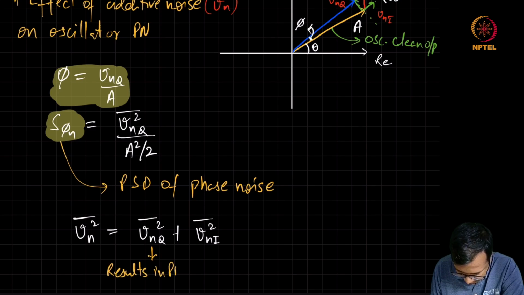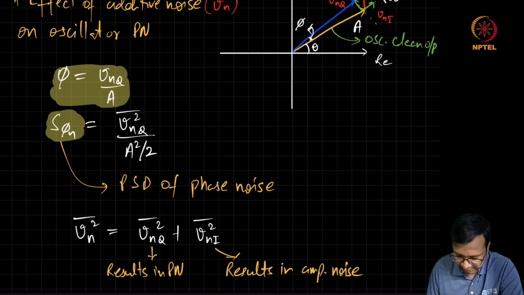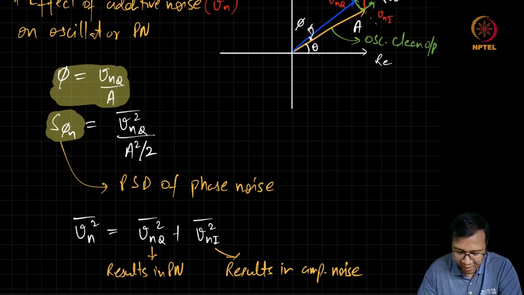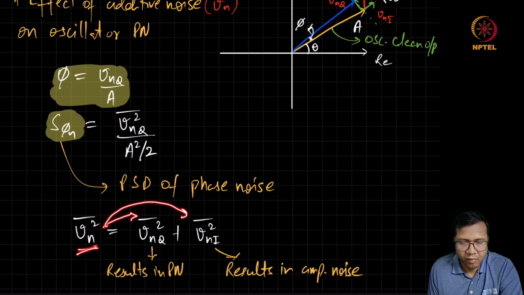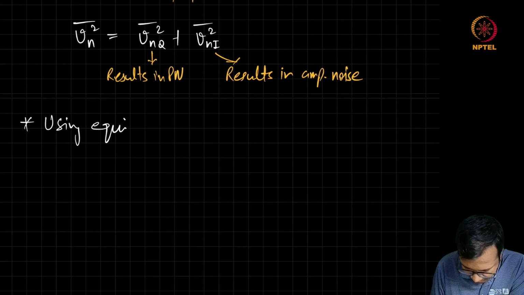Results in phase noise, results in amplitude noise. Here we are going to make an assumption, and we will say that the total power in the additive voltage noise will be equally distributed to the phase noise and the amplitude noise using the equipartition theorem.